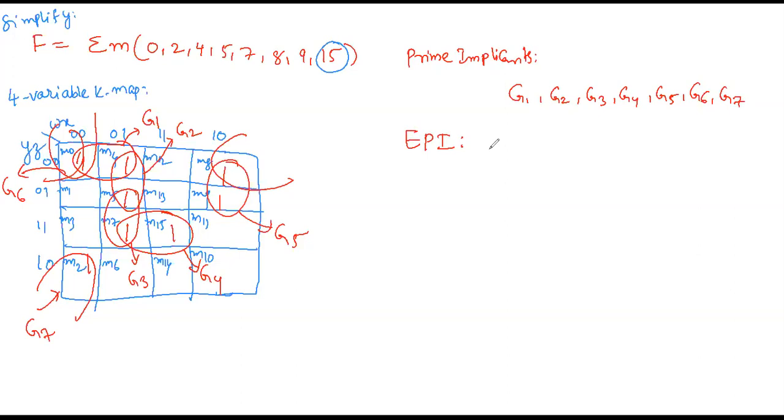In these groups, which are essential prime implicants. Post your answer in the chat box.